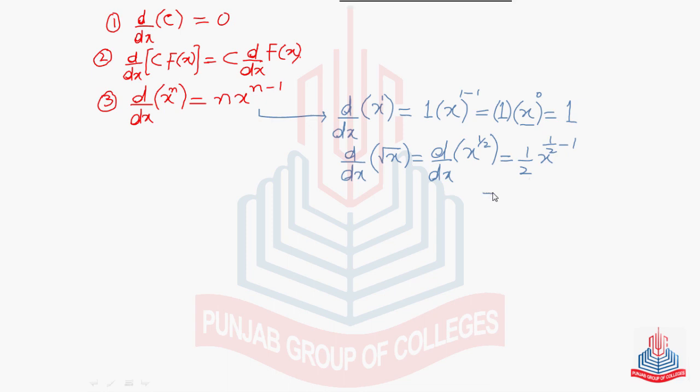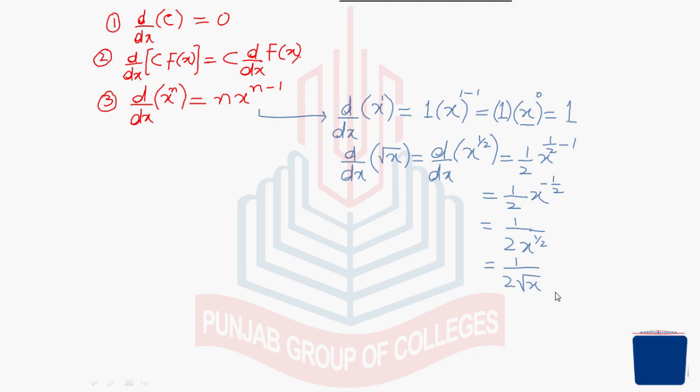So this will become 1 by 2 x raised to the power minus 1 by 2. And that can be written as 1 by 2 x raised to the power 1 by 2 in the denominator. And this is actually 1 by 2 under root x. So whenever we differentiate under root x, the final result is 1 by 2 into under root x.